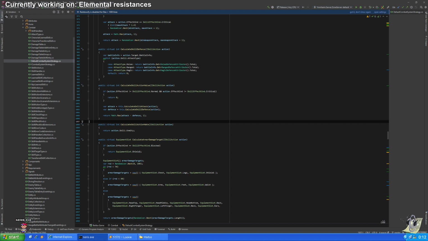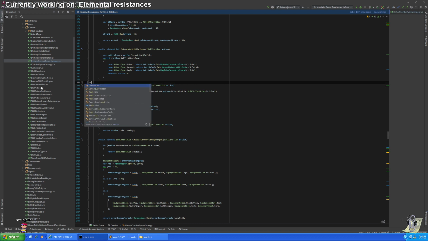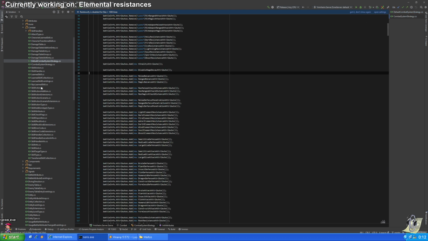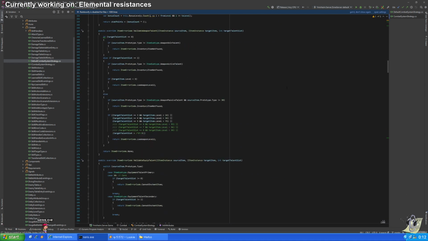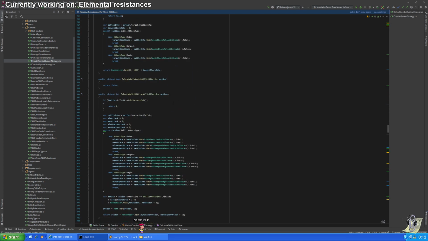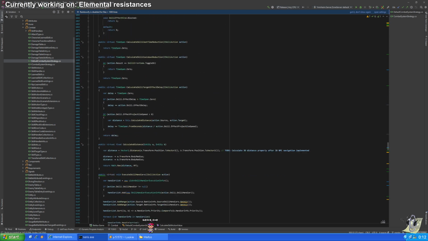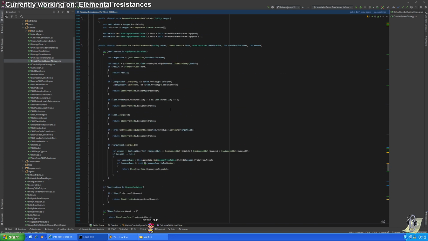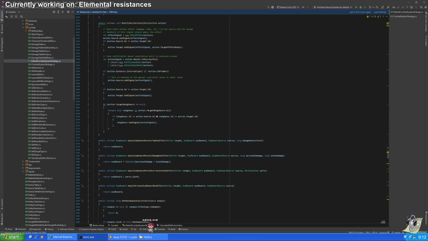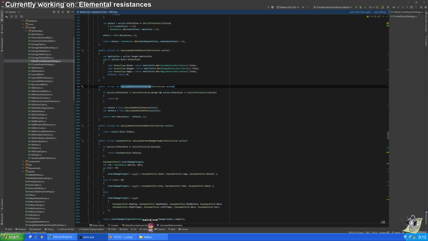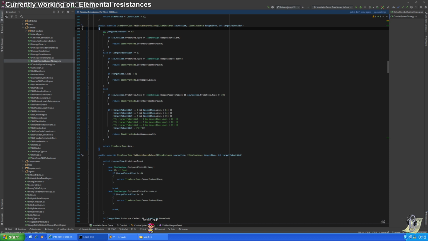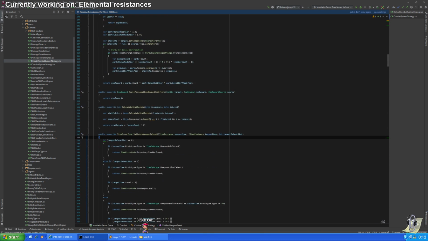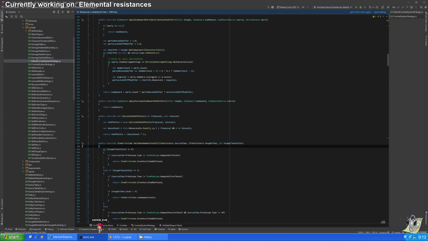Okay, so I need to override this one in the Ymirheim implementation. So somewhere here. Can I place it somewhere close to other implementations? One second. Yeah, I do need to refactor this piece of code.